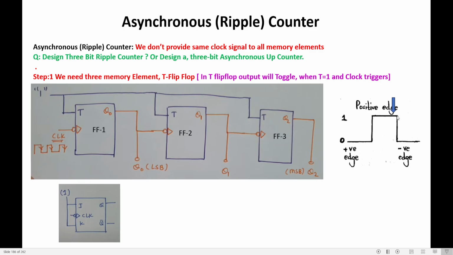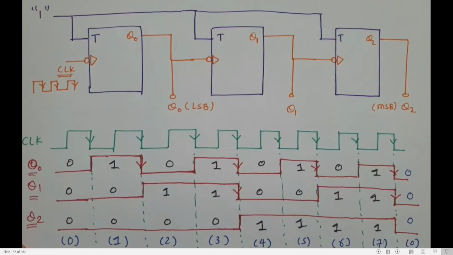What is negative edge? If it comes from 1 to 0, it is negative edge. It means this flip-flop will work only in the negative edge. That is why there is a bubble. If there is a triangle, it means edge triggered. If there is a bubble, it means it is negative edge triggered. Clear?